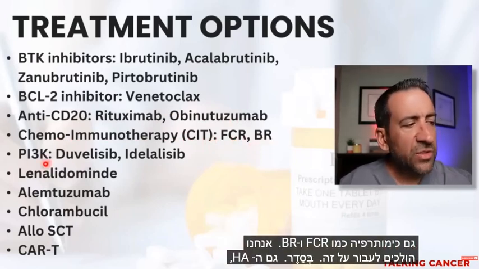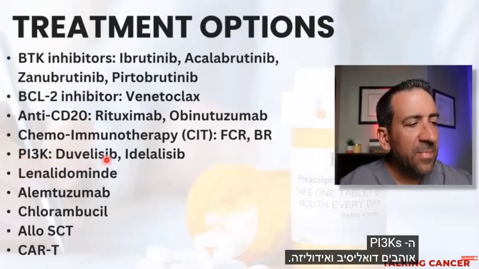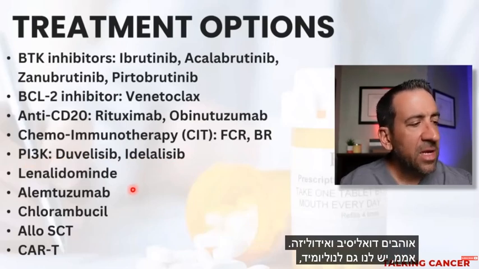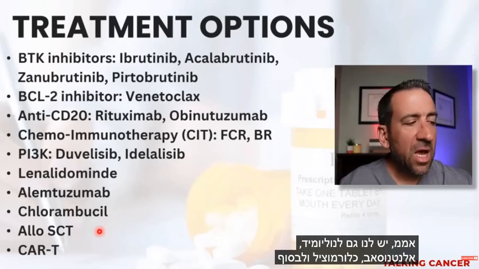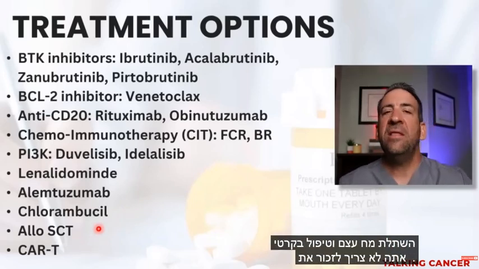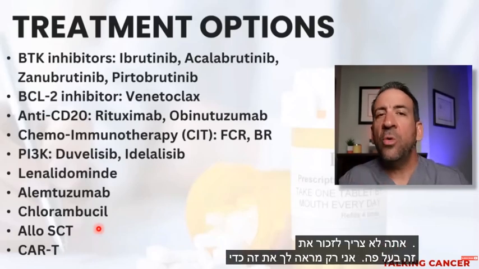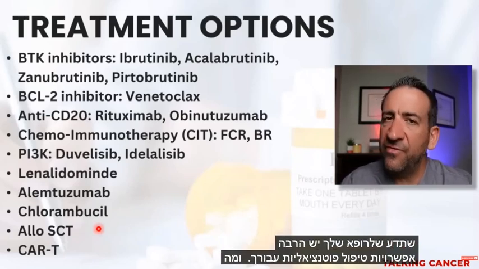Also the PI3Ks like duvelisib and idelalisib. We also have lenalidomide, alemtuzumab, chlorambucil, and finally a bone marrow transplant and CAR T therapy. You do not need to memorize this. I'm just showing you this so that you know your doctor has a lot of potential treatment options for you.